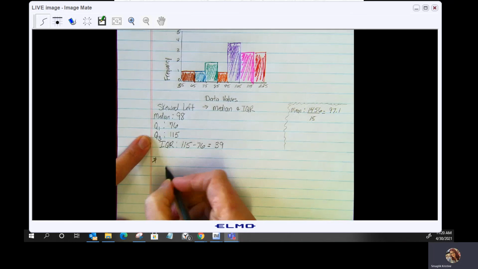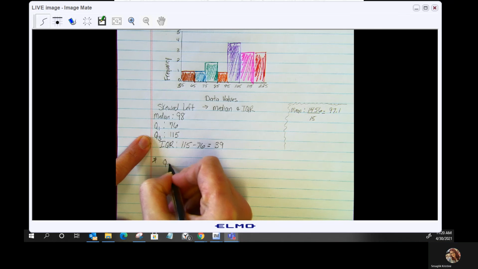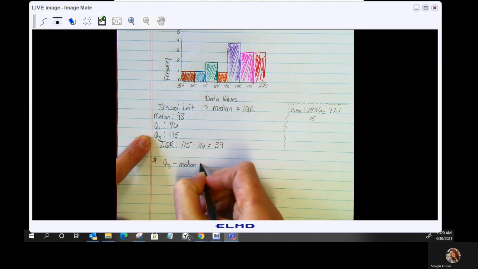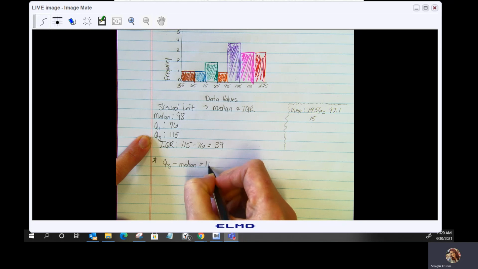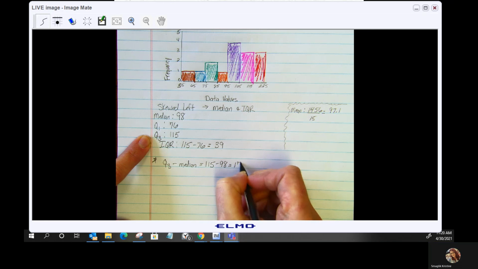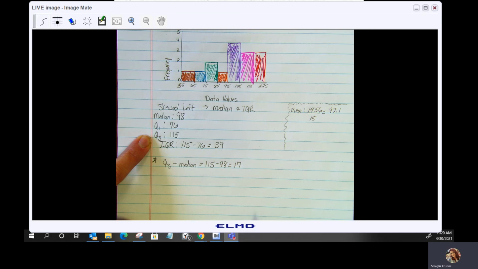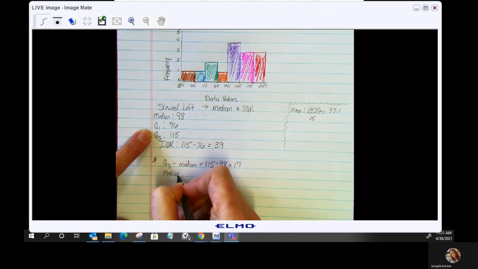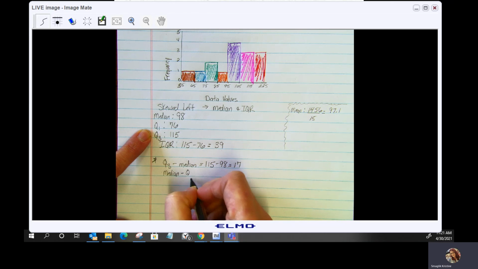If I go quartile 3 minus the median, that's 115 minus 98, which is 17. So that's the distance from the median to quartile 3. Let's do quartile 1 to the median. I would take the median minus quartile 1.